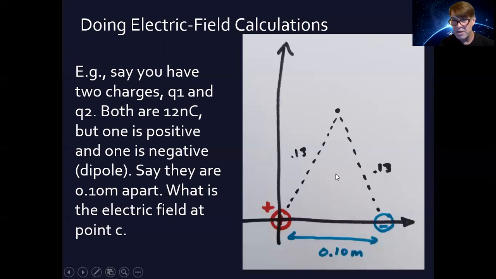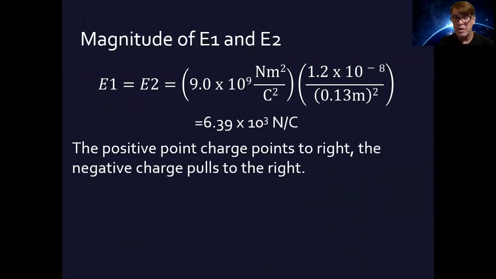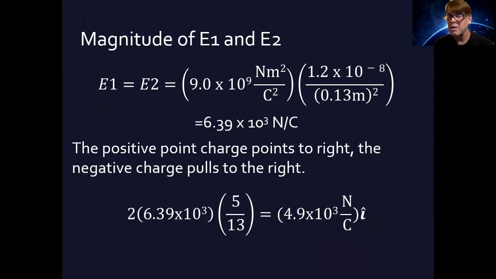So to get halfway here, we've got 5 as the adjacent side and 13 as the hypotenuse. So 5/13. We don't even have to use a calculator. So 5 divided by 13 is the cosine of that angle, which is going to tell us what the x component is. And the x component comes out as 4.9 times 10 to the third Newton per coulomb, and the i here says it's in the positive x direction. And so there's our example.